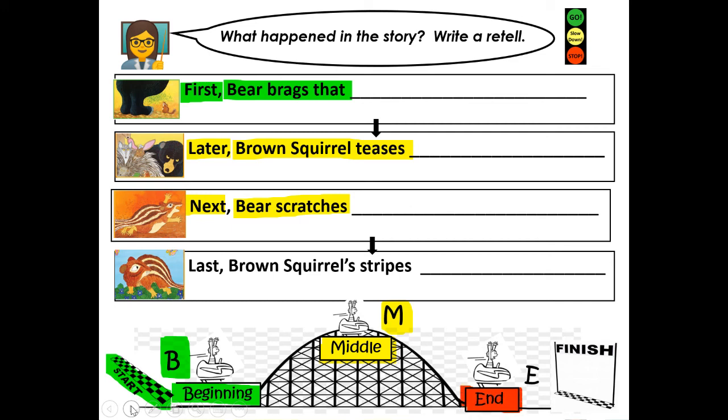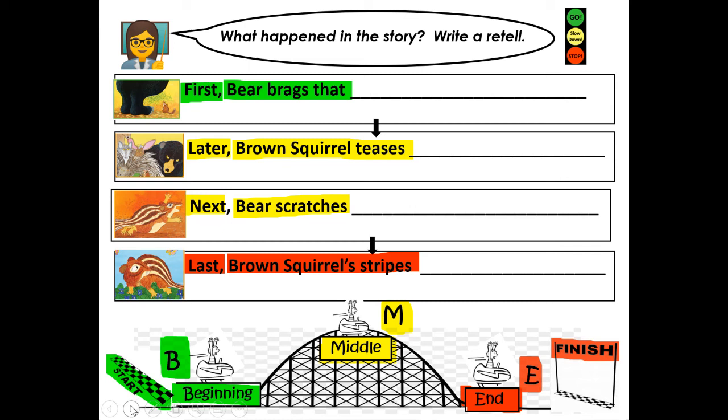And finally, we're going to retell what happened at the end or the finish. Last, Brown Squirrel's stripes. What happens to Brown Squirrel's stripes? So you're going to write, Last, Brown Squirrel's stripes, and then finish that sentence.